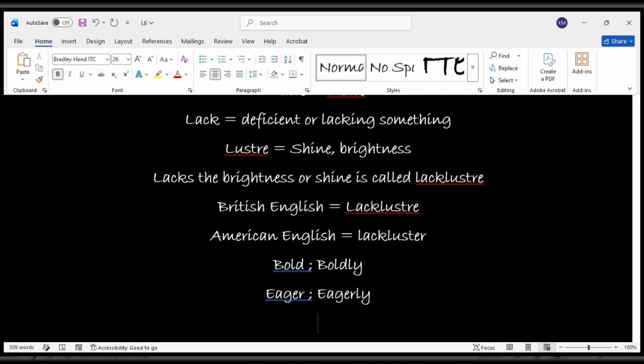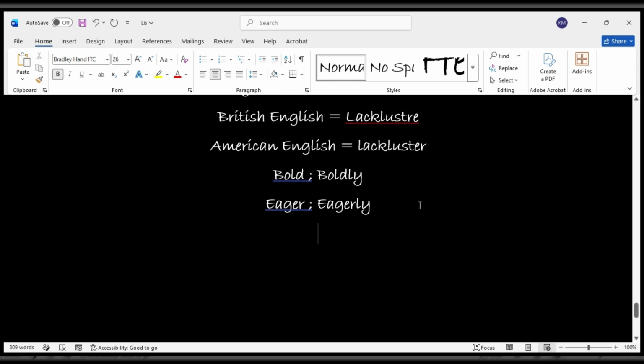In usual practice, we form adverbs from adjectives, but in the case of lackluster, it is different because lackluster cannot be used as lacklusterly as an adverb. It is wrong.